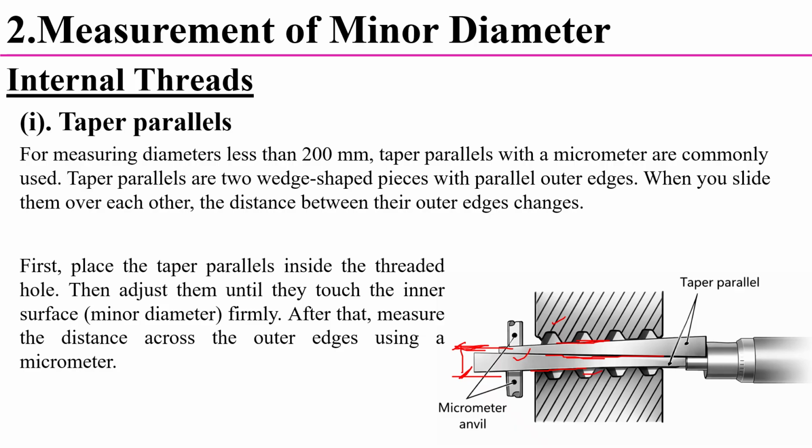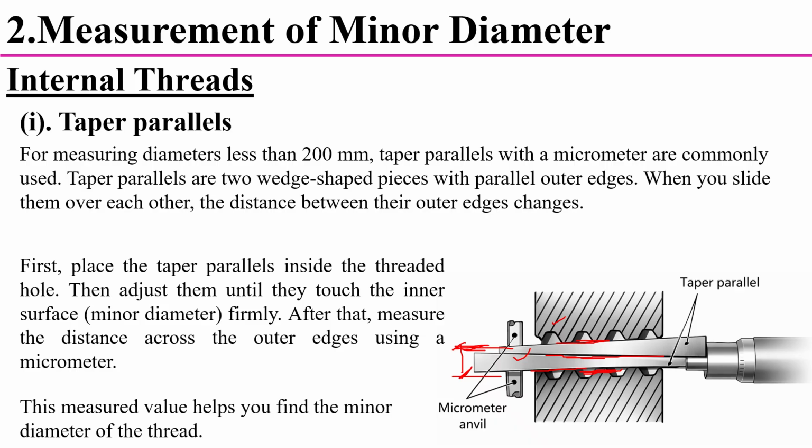So first you have to insert these taper parallels, then adjust them by sliding one over the other until they touch the inner surface or the minor diameter of the thread. After that, we have to measure the distance across the outer edges using a micrometer. This measured value helps to find the minor diameter of the thread.